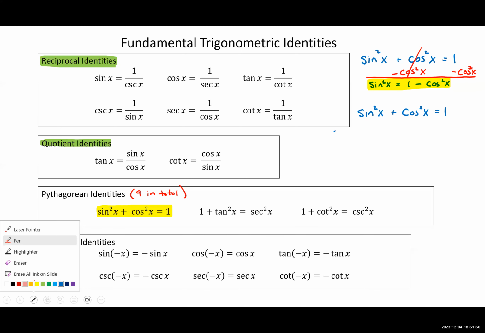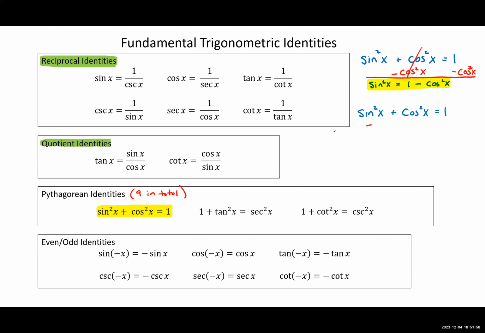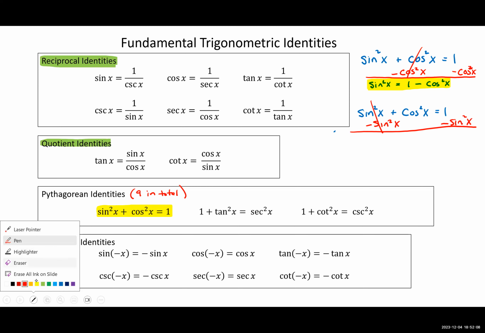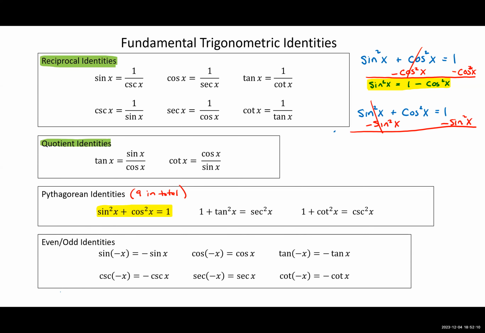Or we could subtract sine squared from both sides. That will give us cosine squared of x is equal to 1 minus sine squared of x.